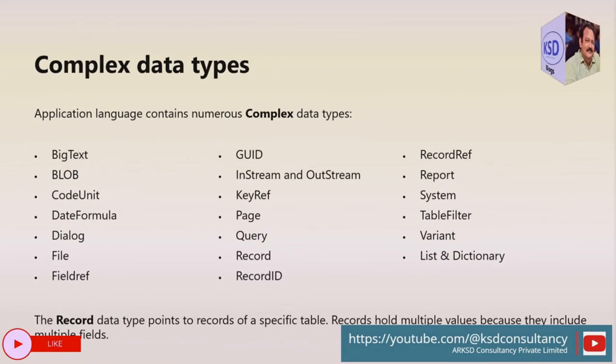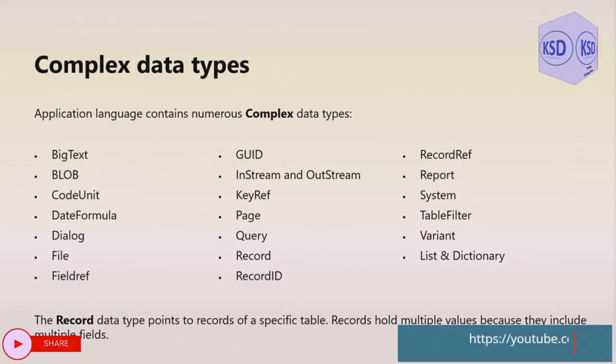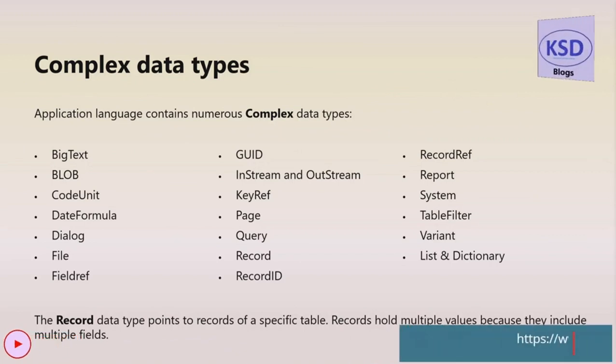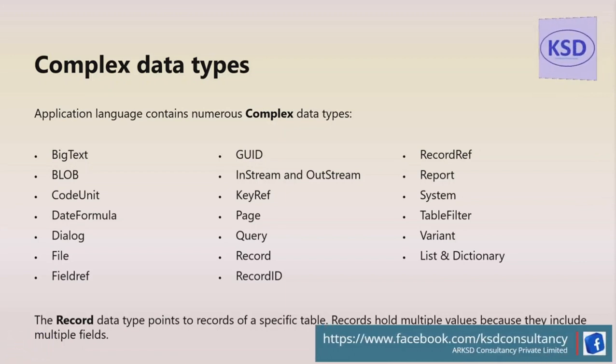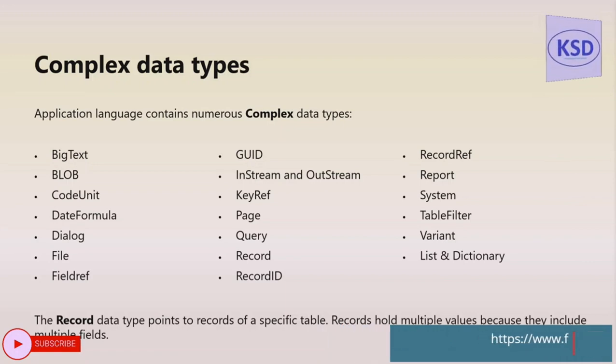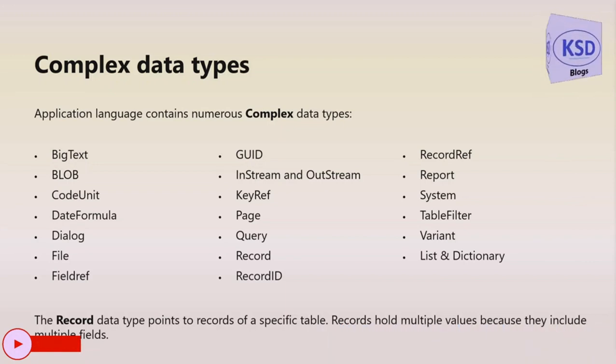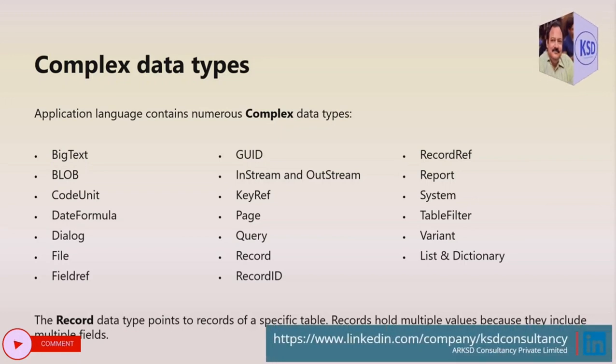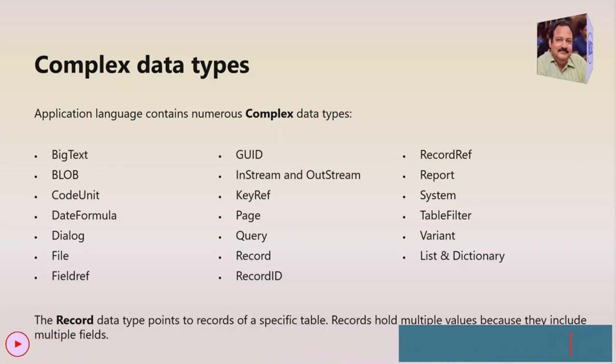So complex data types are basically data types used when you want to work with records in a table, pictures, bitmaps, or disk files. These data types can store multiple values. The application language contains numerous complex data types.